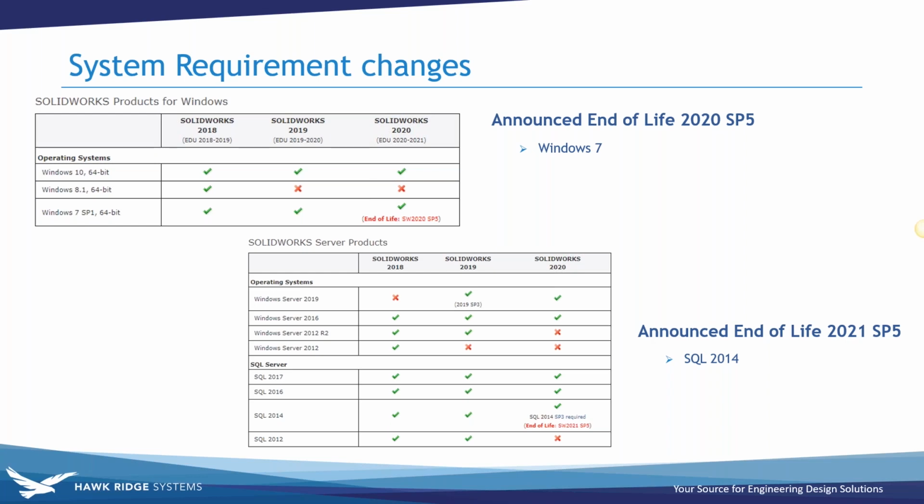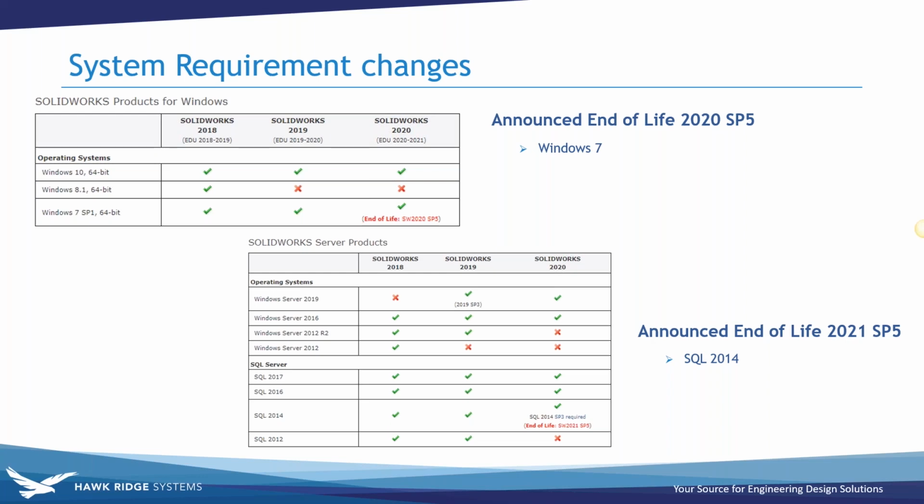So if your PDM or Manage are running on that Windows Server, this will need an upgrade for 2020. Another one about Windows on the upper table is your Windows 7 end-of-life announcement for 2020 SP5. Unfortunately, this will be your last year with the good old Windows 7 if you're still rocking that.